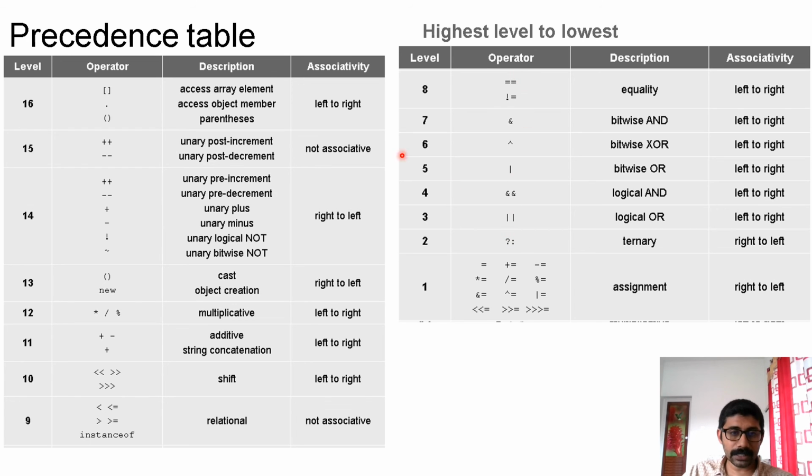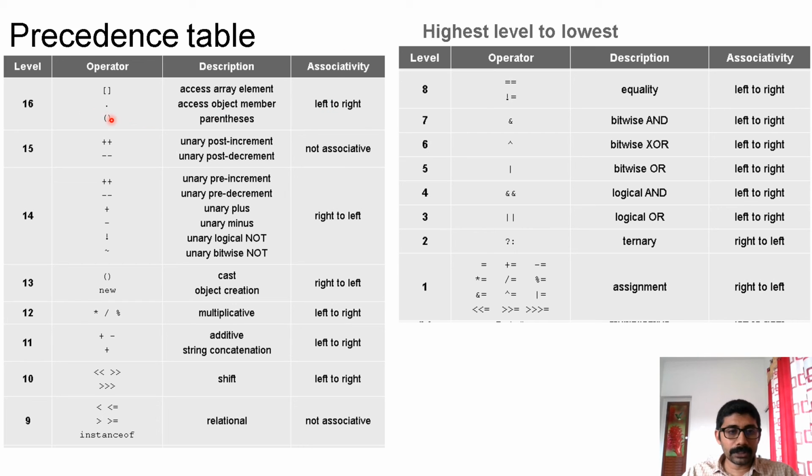It proceeds like this up to level 16, where the parentheses, dot operator, and array square brackets have the highest precedence. The precedence increases from level 1 to 16, and the corresponding associativity is also given.